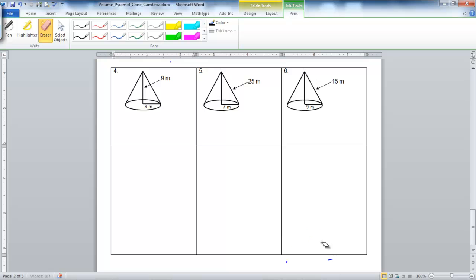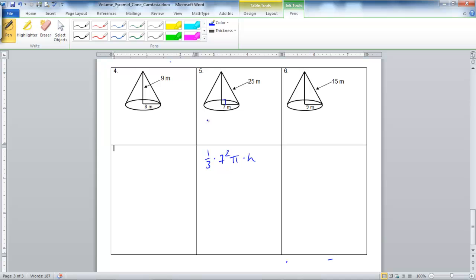Let's go to this one first to take care of that missing side length, or the missing height of that cone. So I've got 1/3 the area of the circle, which is 7 squared pi, r squared pi, times the height. Now to find the height, I've got a right triangle right here.